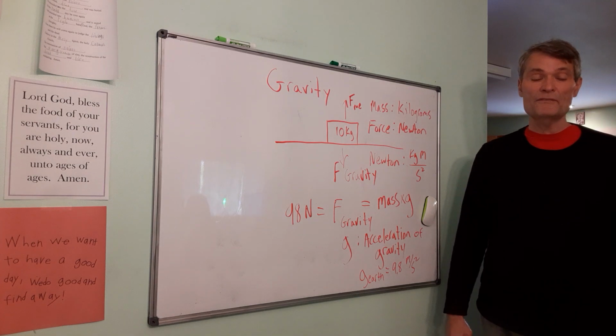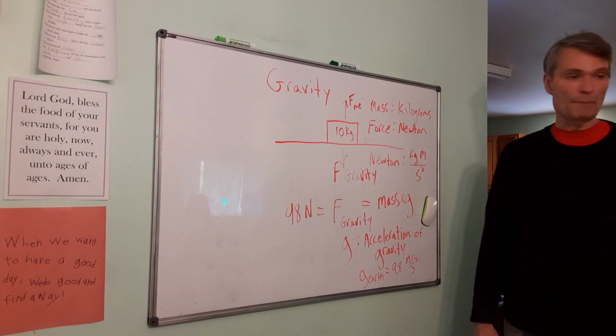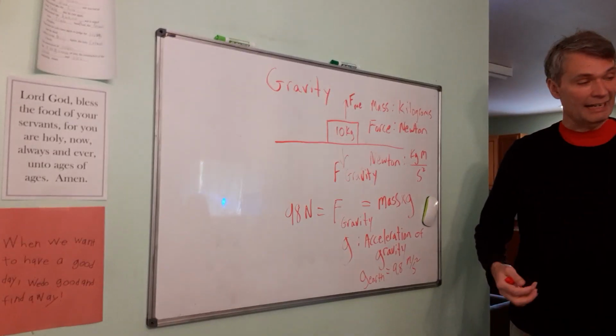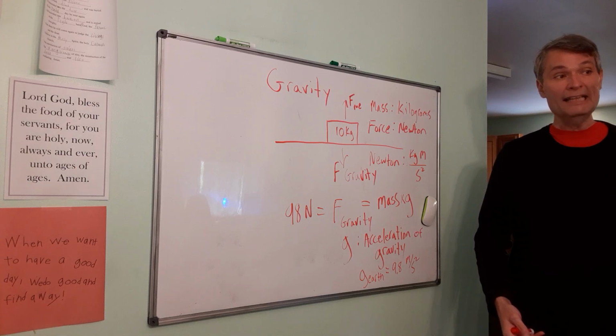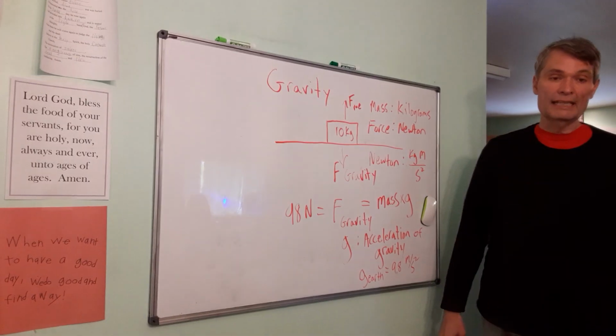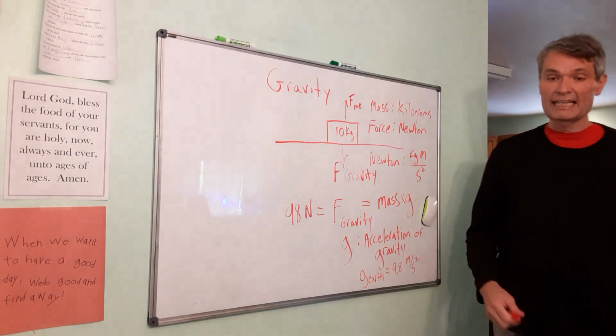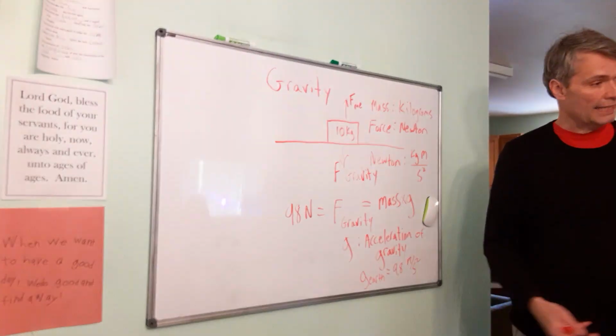So I would have to lift it, I'd have to apply at least 98 newtons, and actually just for a brief fraction of a second, 98.00001 to get it moving, and then once I got it moving, as long as I balance the force of gravity, it will keep moving up. And if I produce less than 98, gravity will start to pull it back down. But then I can balance it again and get it to the height that I want.